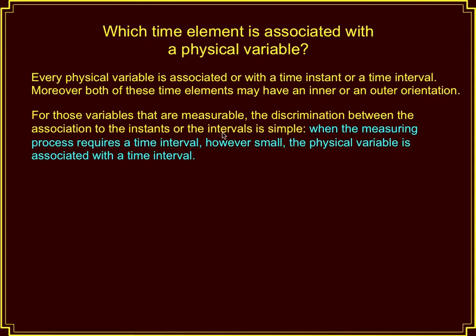For those variables that are measurable, the discrimination between the association to the instant or to the interval is simple. When the measuring process requires a time interval, however small, the physical variable is associated with a time interval.